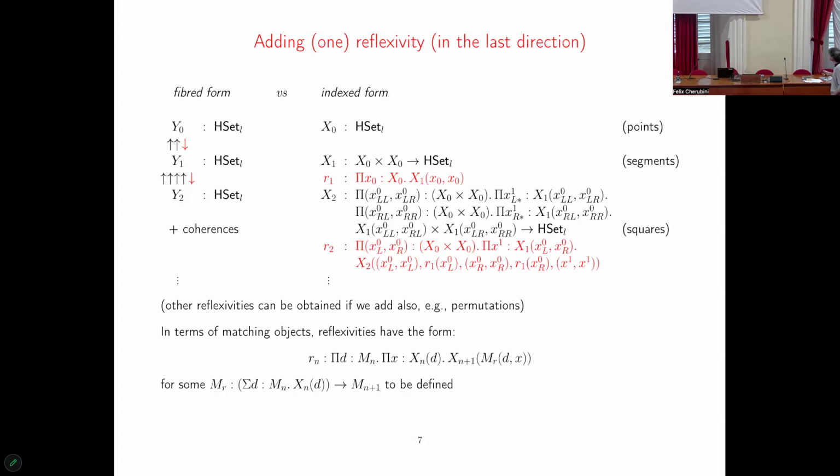This could be done easily if we had a way. This dependency is like a matching object. If we were able to move a matching object for X1 here to a matching object for R2 in the correct way, then we would be able to do the job, and we can do it.